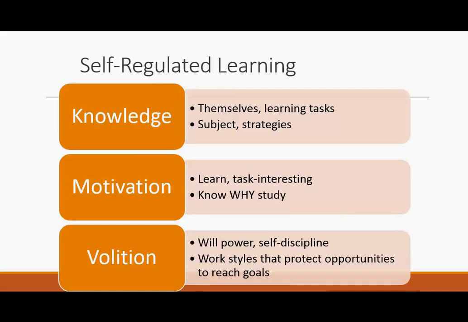Self-regulated learning can be thought to include three things: knowledge about yourself and the learning tasks, what's expected, the subject and strategies for performing, your motivation to learn, whether the task is interesting, and why you're actually doing it, and then volition, which I've mentioned, the willpower, the self-discipline, putting the phone away, turning Facebook wherever you put it, away from your eyes, and using work styles that protect opportunities to reach goals.